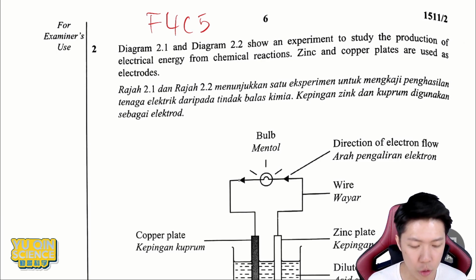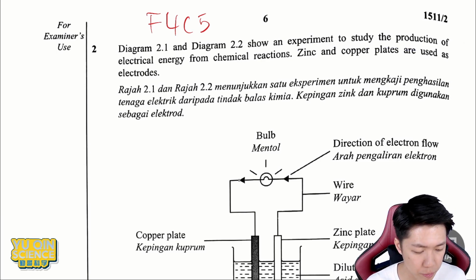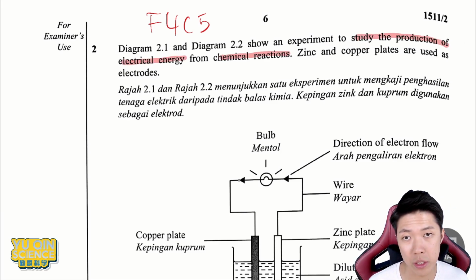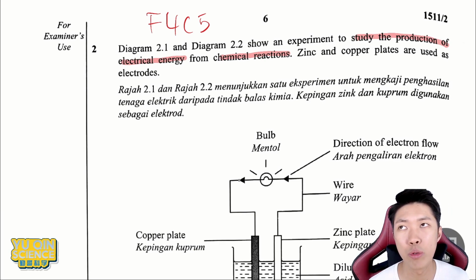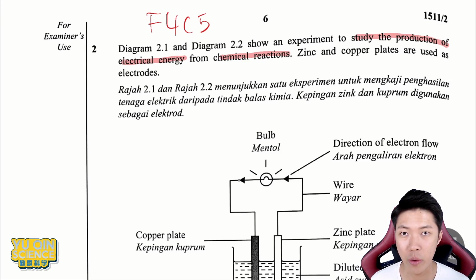Diagram 2.1 and 2.2 show an experiment to study the production of electrical energy from chemical reactions. Chemical energy turns into electrical energy.